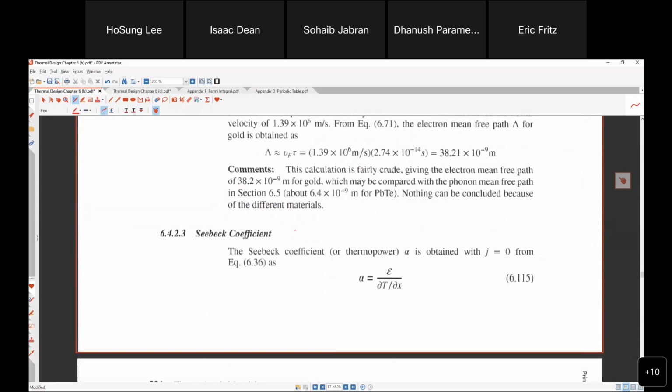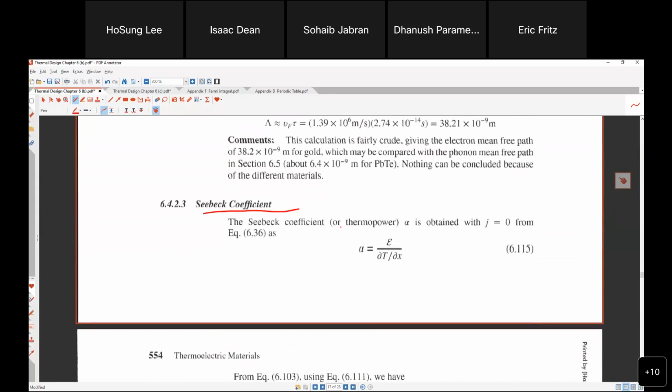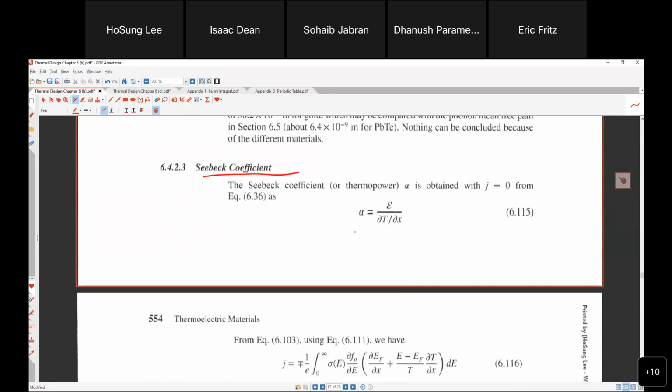Now the Seebeck. I told you Seebeck is also according to the temperature gradient.